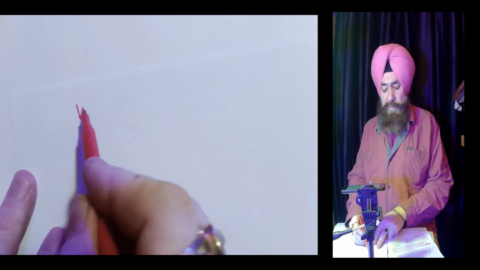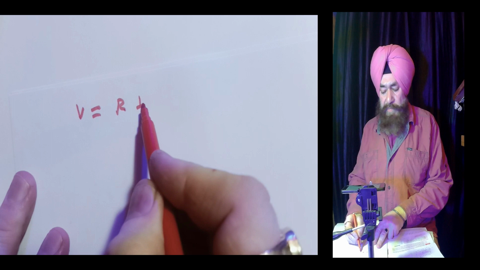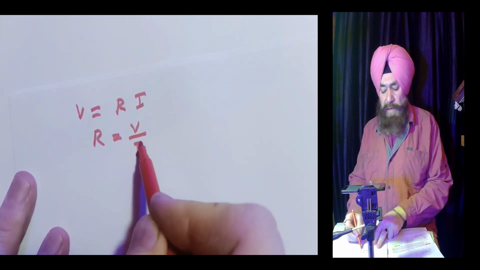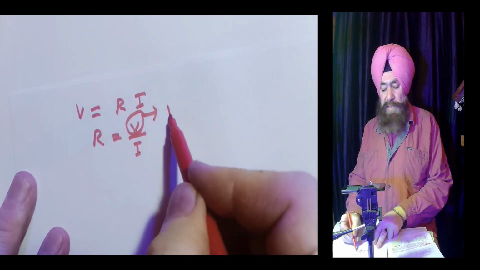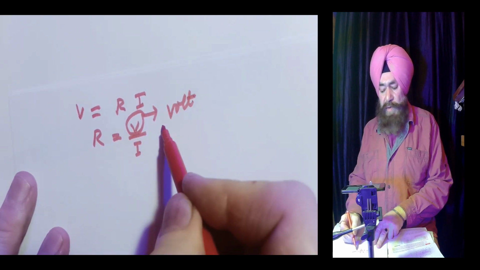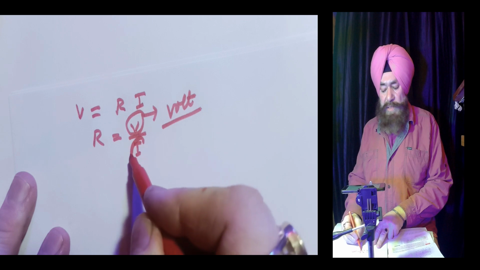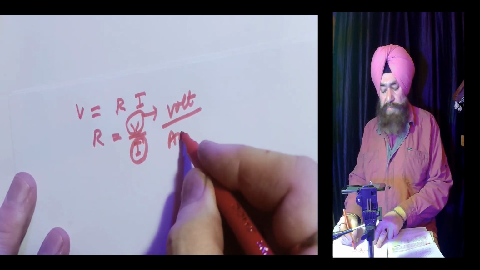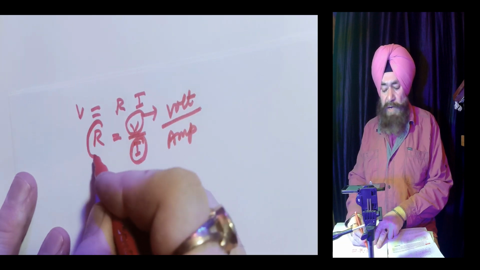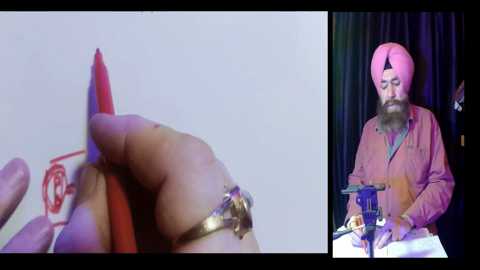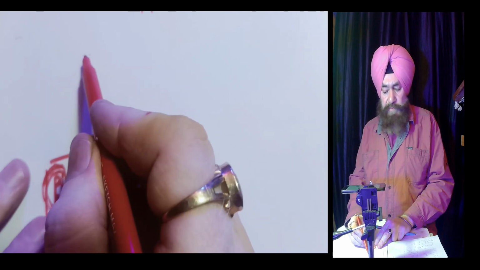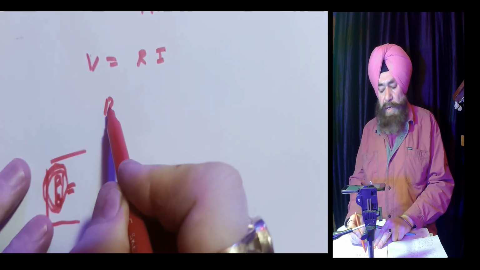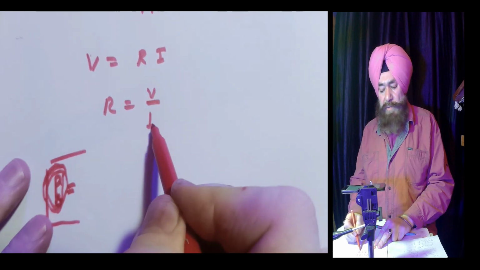Ohm's law is V equals R into I, and R equals V upon I. So if V is in volt and this current is in ampere, then R will be in... Now lastly about Ohm's law, V equals RI and R equals V upon I.